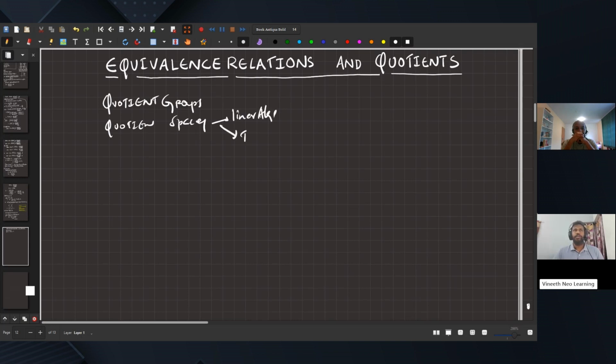Also in topology, where it's known as an identification space.